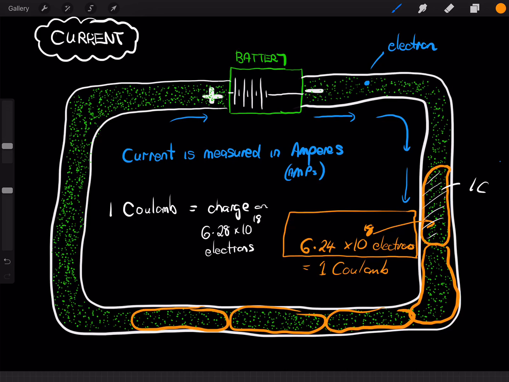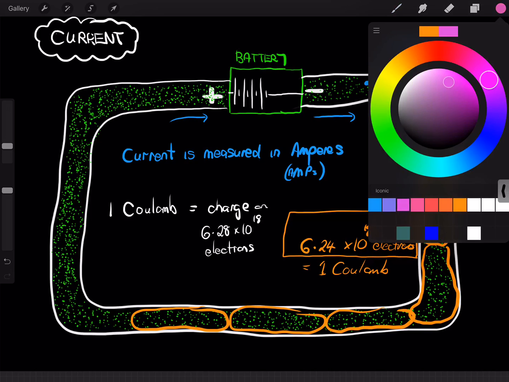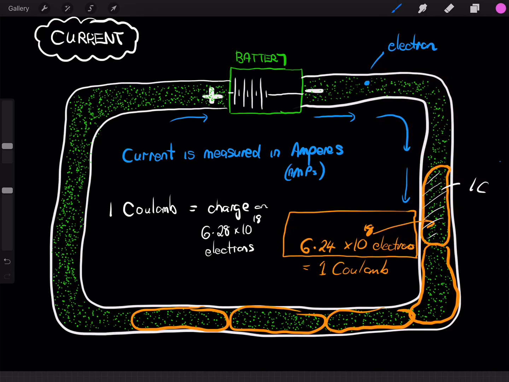Now, if we had a turnstile, say we set up an imaginary turnstile in our circuit that counted. So a little turnstile here. And if this actually counts the number of coulombs that flow through that turnstile every second, what it's actually measuring is the current.